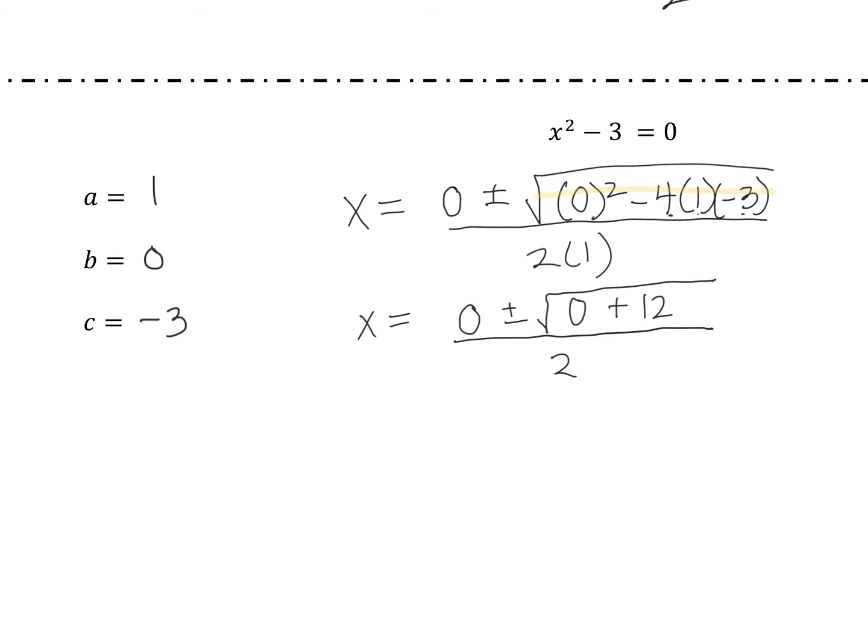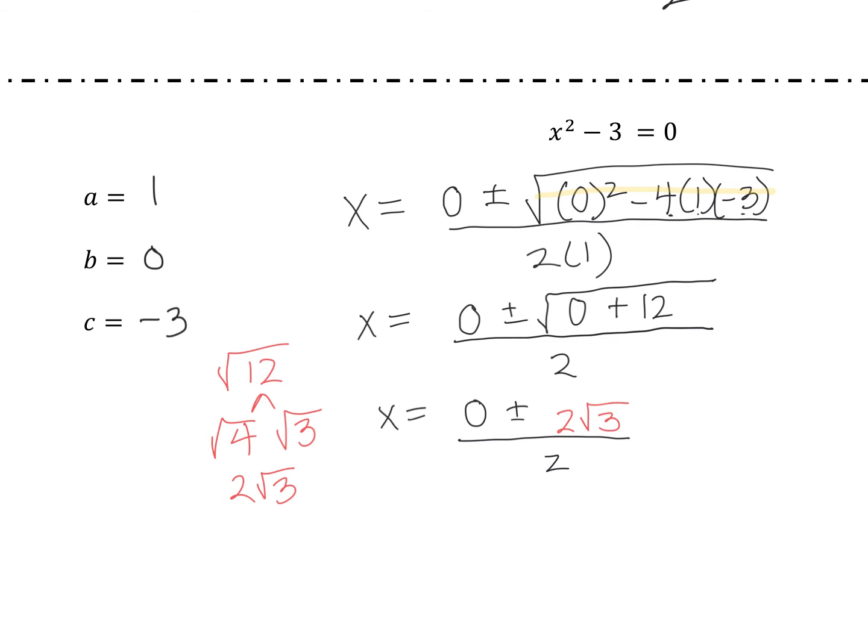Once again, I would do work off to the side and then substitute it later. The perfect square that goes into 12 is 4. It goes in 3 times. Thus, this is 2 radical 3. And that's what we're going to substitute where we did see that radical 12.